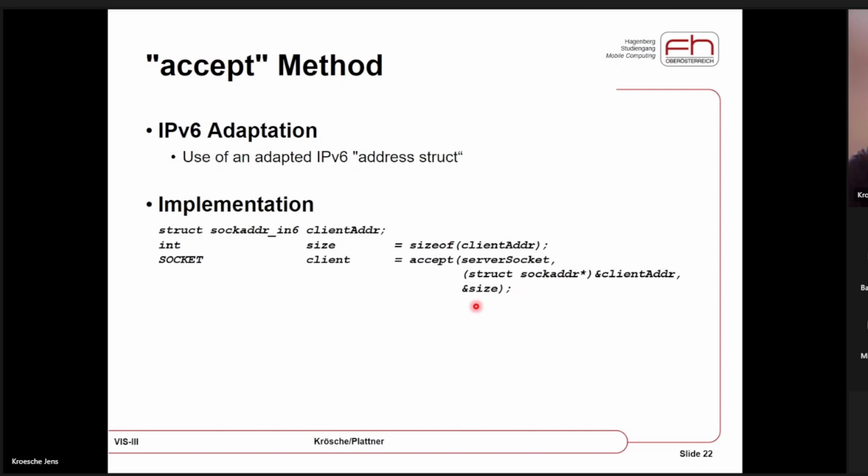Then it wanted a typecast all the time, and so I did the typecast not in the argument. Instead, I changed the int into the specific type of this size, so it's like a sockaddr size underscore t, something like this. But that typically depends on what library you're using.